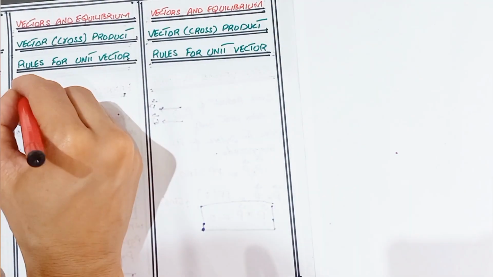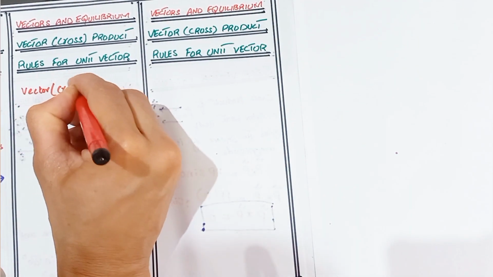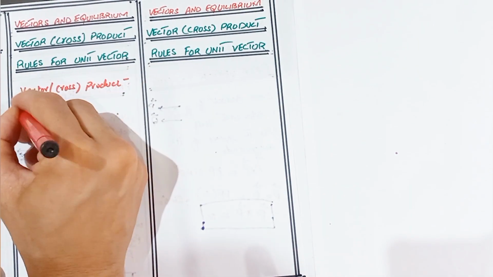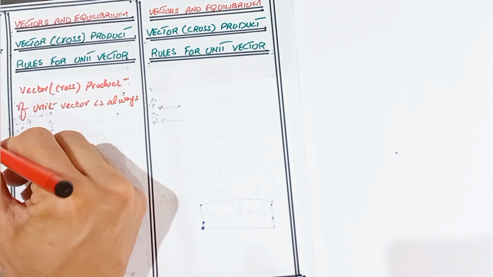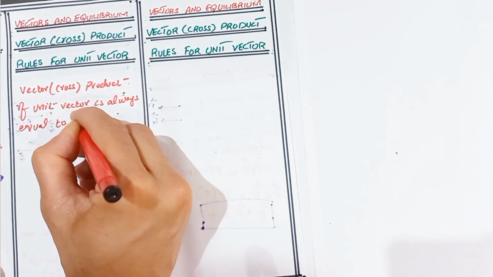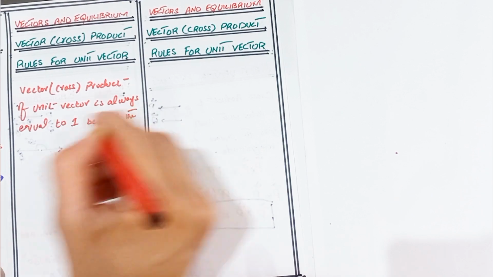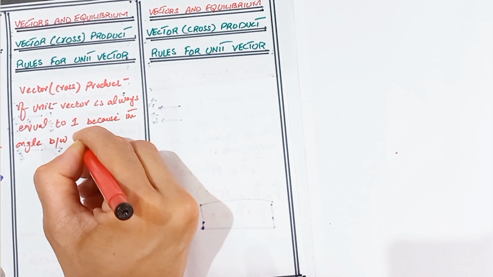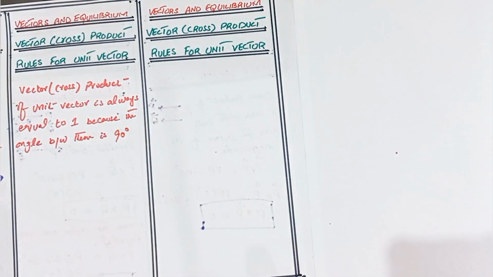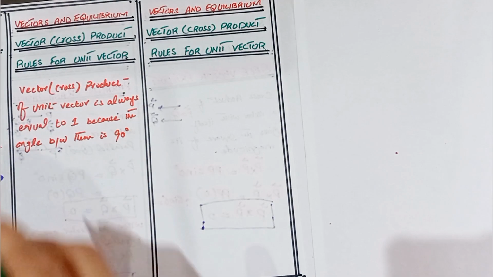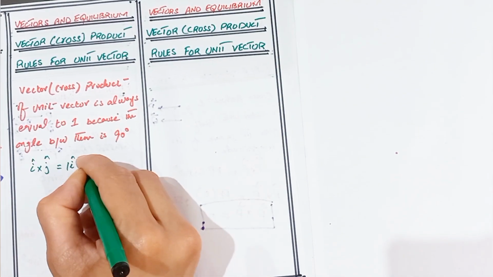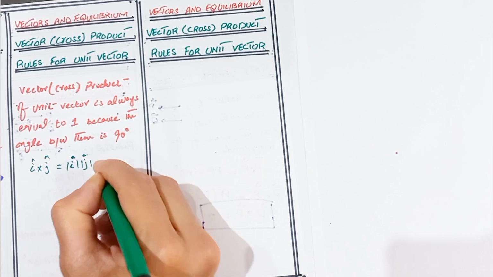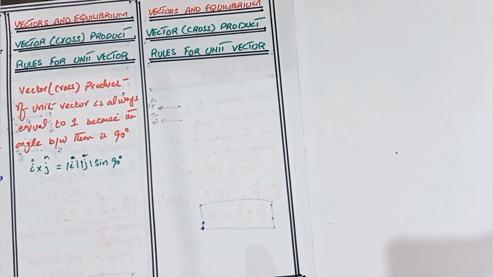Now we write that the vector cross product of different unit vectors has magnitude 1 because the angle between them is 90 degrees. Then I cross j unit vector is equal to the I vector magnitude, j vector magnitude, and the sine of the angle between them.